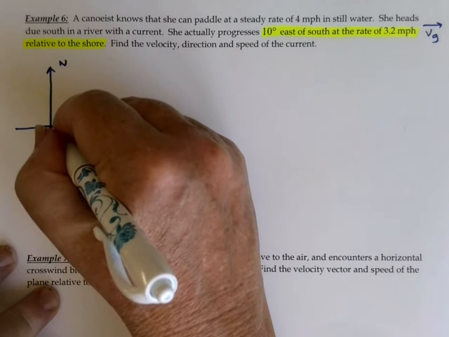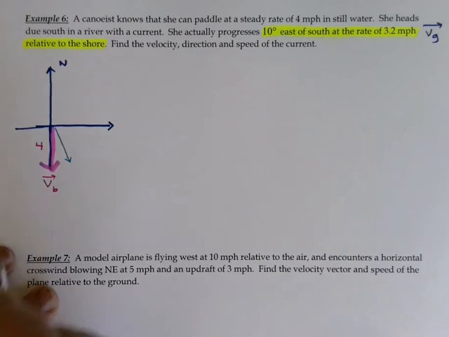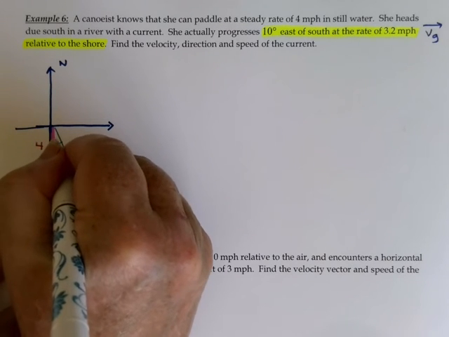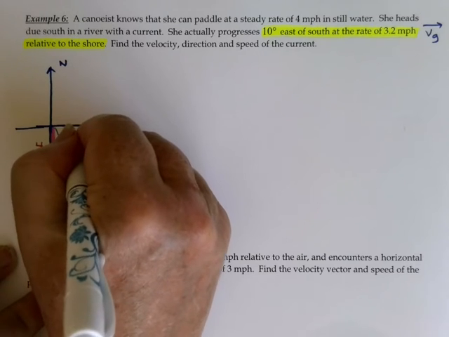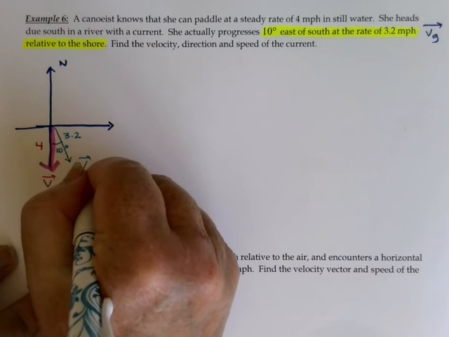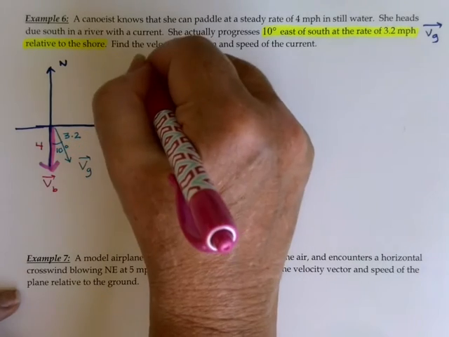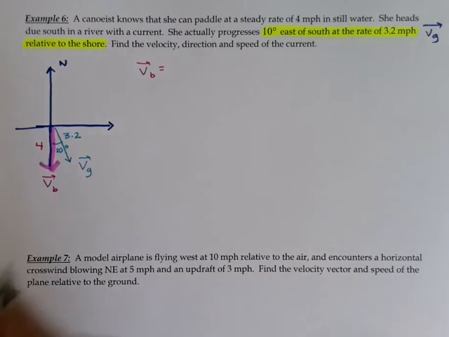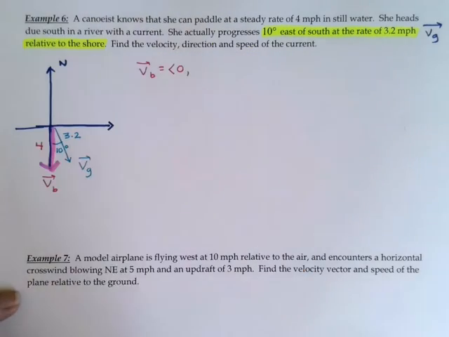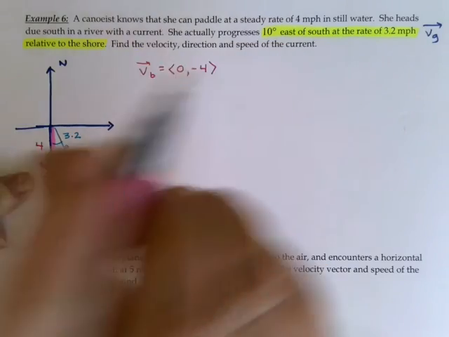So let's see. There's east of south by 10 degrees. And the magnitude is 3.2. And there's VG. Let's go ahead and write down some vectors for VB and VG. VB, since it's directly south, would have 0 for its x component, and I want to go with -4 to make that south rather than north.